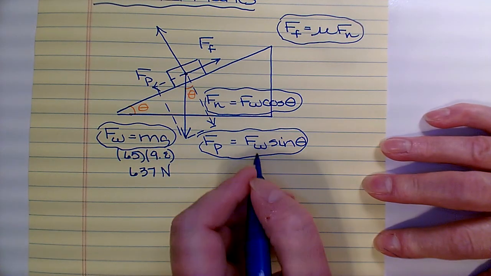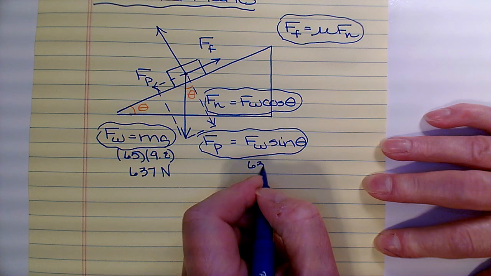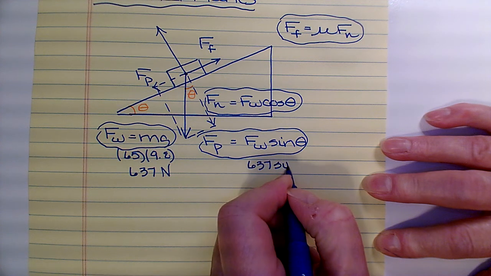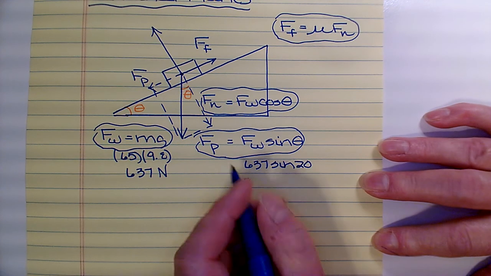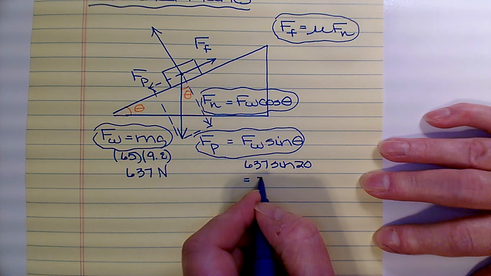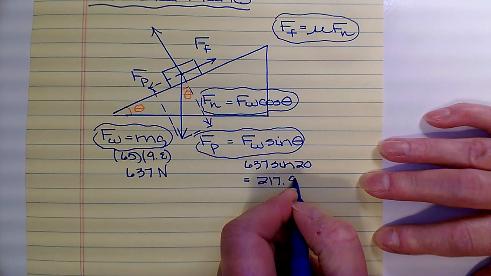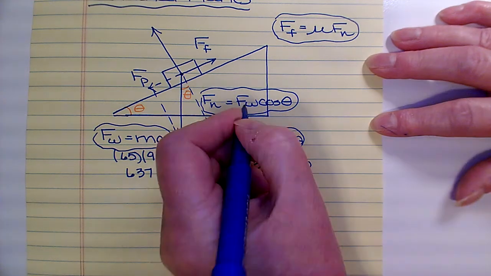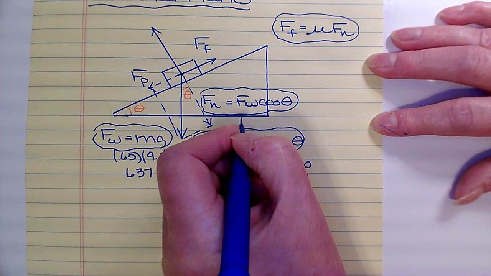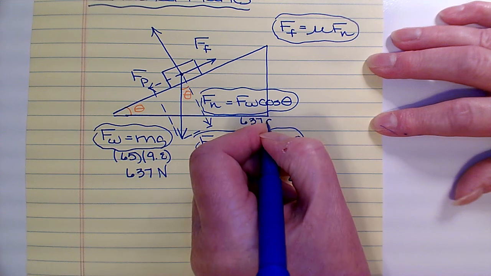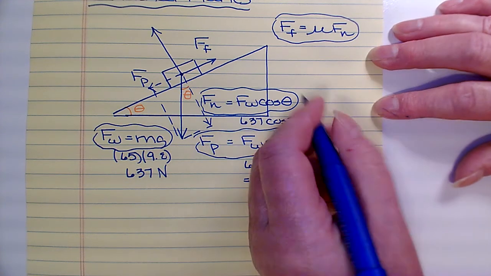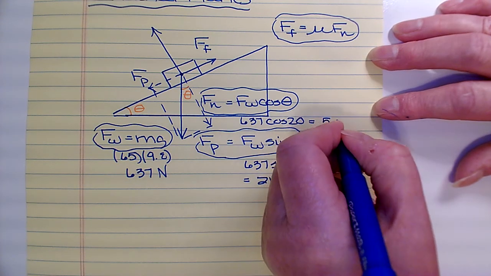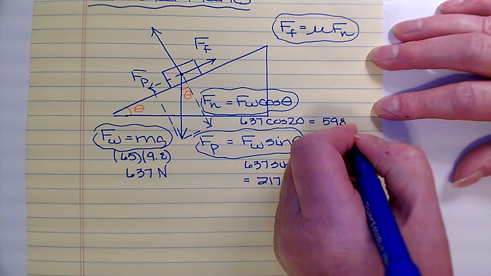So here we would have 637 times sine of 20, and the parallel force turns out to be 217.9 newtons. The normal force is 637 times cosine of 20, and that turns out to be 598.6 newtons.